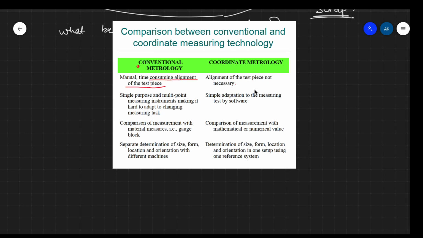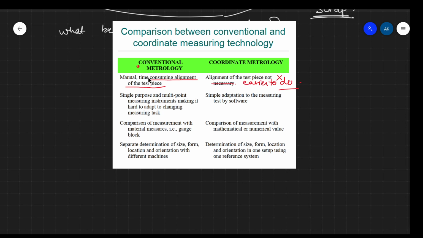And now see, this statement itself is wrong. Alignment of test piece is not necessary is wrong. Actually, alignment has to be done, but it is easier to do. Never say it is not necessary. It is necessary. What is the meaning of alignment? We'll talk. But yes, there it was very time consuming. Here it is easier to do, not so time consuming.